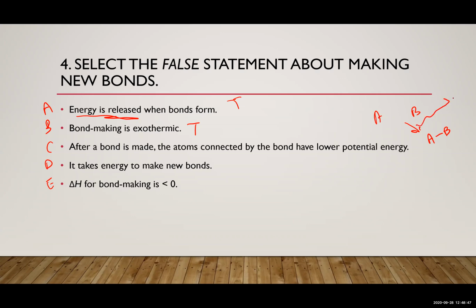So energy goes out. Now, do A and B have more energy than before or less? Less, because they released some of it. So is the statement true or false now?